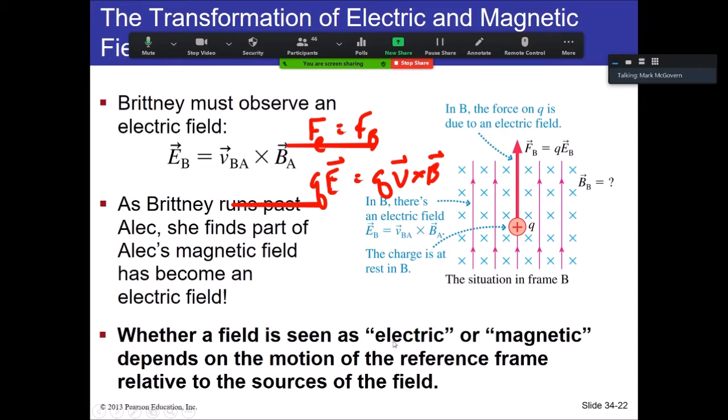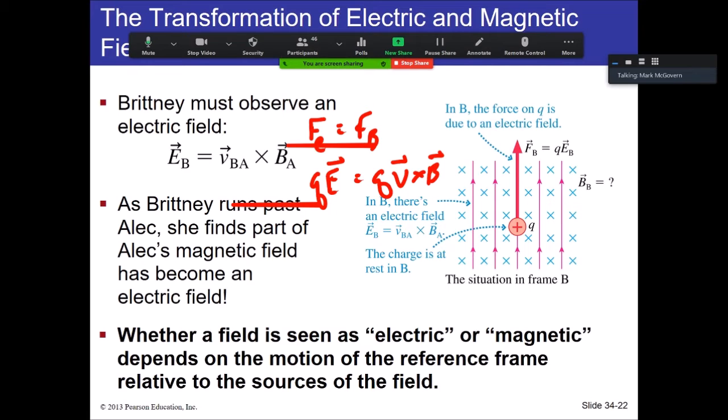So whether a field is considered to be an electric field or a magnetic field really depends upon the frame of reference. I don't want to imply that the fields replace themselves, but what happens is components of the field can change. So we have an electromagnetic field. In reference frame A, that electromagnetic field is a magnetic field, the traditional magnetic field.